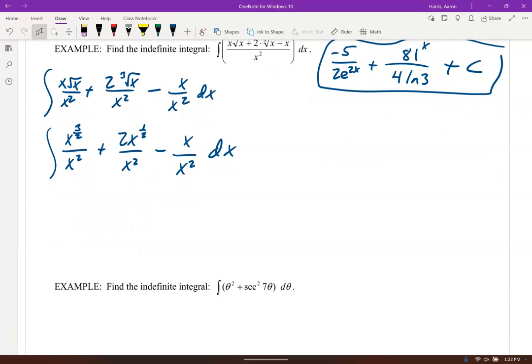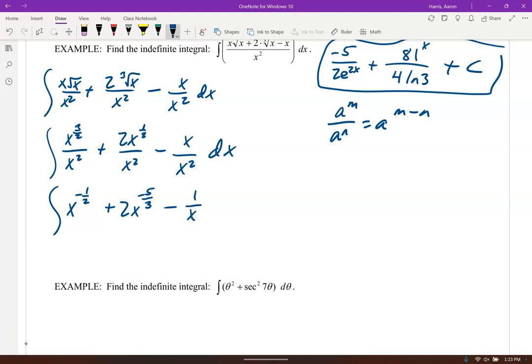And so what you have here is 3/2 minus 2. I'm using this rule, it's a to the m minus n. So we got x to the 3/2 minus 2, which is x to the negative 1/2, 3 over 2 minus 4 over 2. Plus 2x to the 1/3 minus 2, that's a negative 5/3. And then one of these x's cancels, minus 1 over x dx.